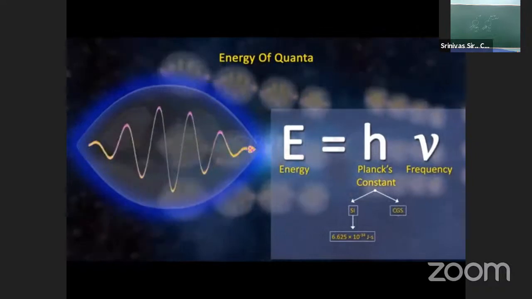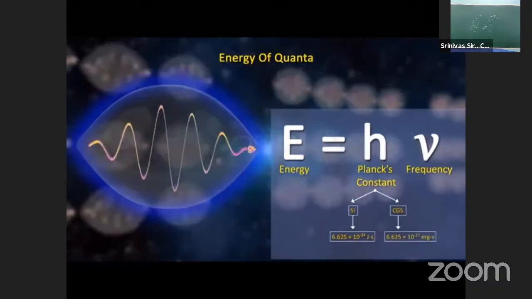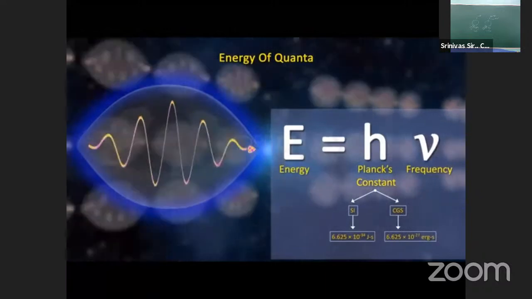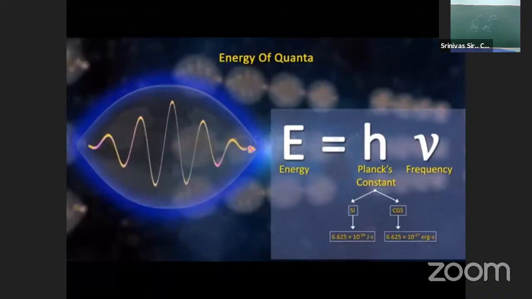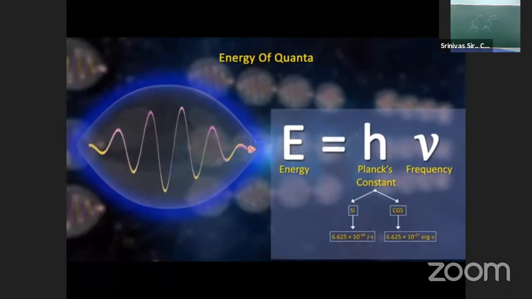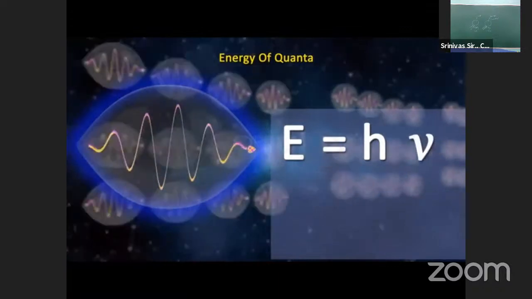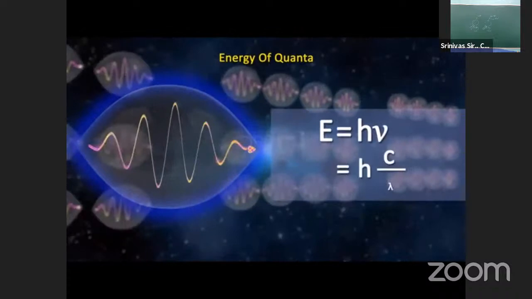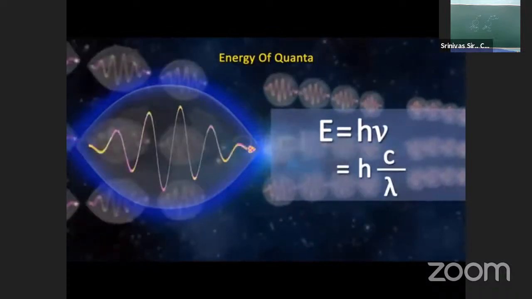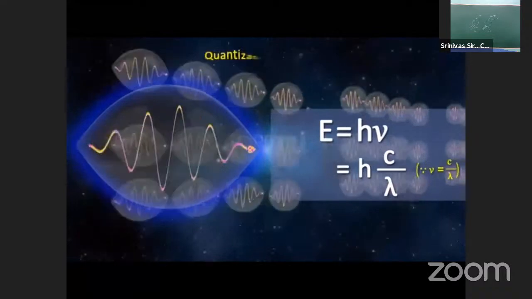In the CGS system, it is equal to 6.626 times 10 raised to the power of minus 27 erg second. In terms of velocity and wavelength, energy can be expressed as E equals hc by lambda, as nu is equal to c by lambda.